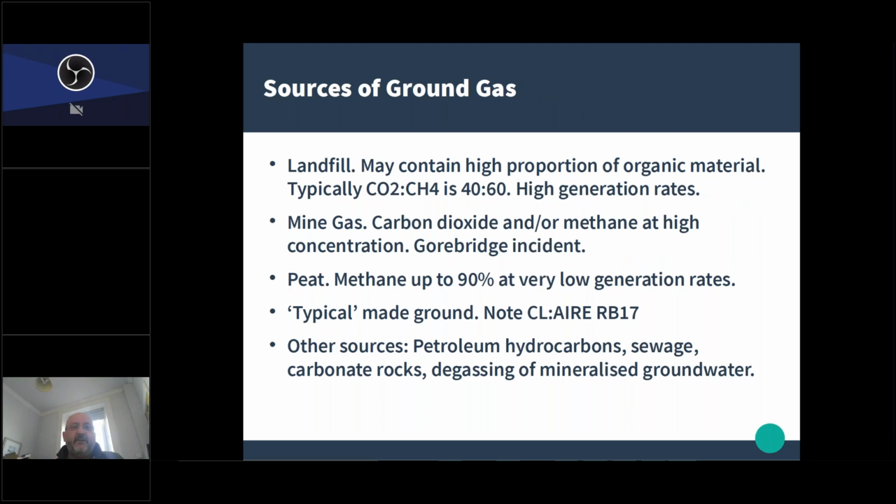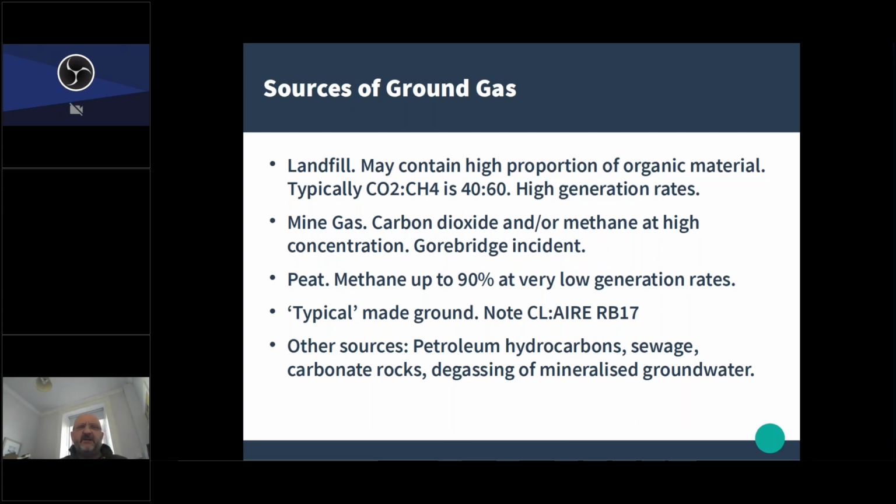Just a quick reminder of some of the sources. Landfills, perhaps the most obvious one, where we usually have a high quantity of high organic containing material. Landfills go through a bit of a life cycle, but when they stabilize, you typically get methane at around 60% and CO2 at about 40.